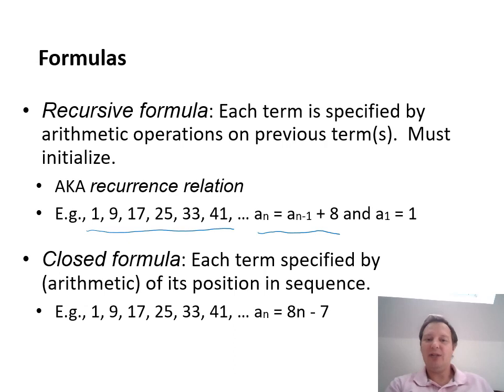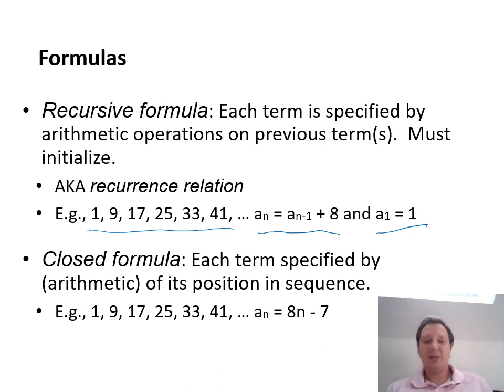To be able to generate the sequence, we also have to initialize a of 1 to 1. If we apply this formula, we get that a of 1 is 1, a of 2 is a of 1 plus 8, which is 9, a of 3 is a of 2, which is 9, plus 8, which is 17, and so on.